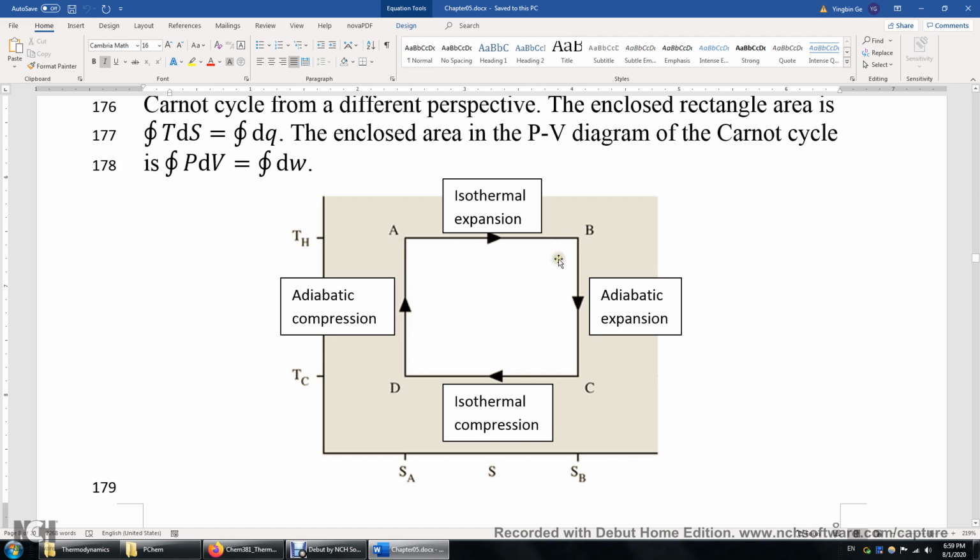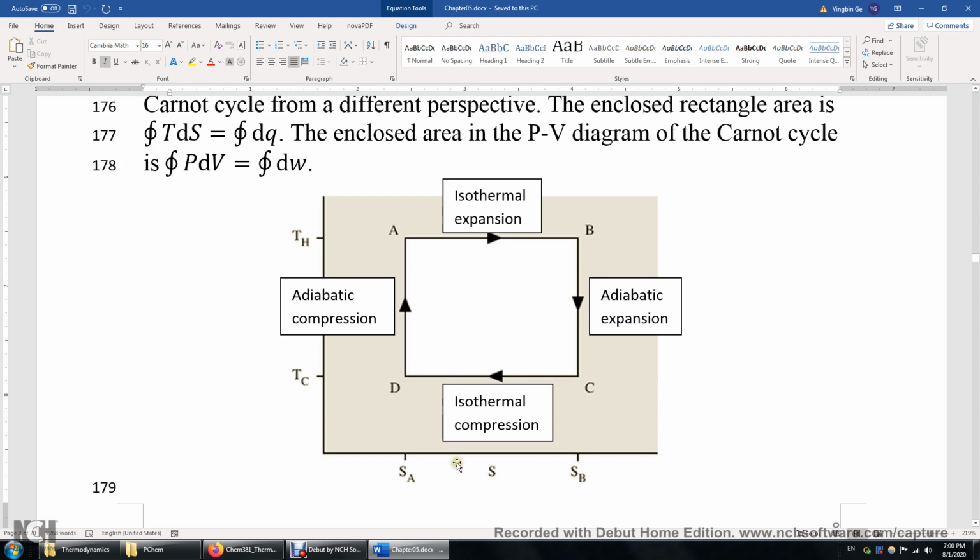Now, this time, this rectangle area is the amount of heat that's converted to work. Because in the isothermal expansion, the area below this AB line, this large rectangle, is Q hot. And then when it's doing C to D isothermal compression, this part is Q cold.